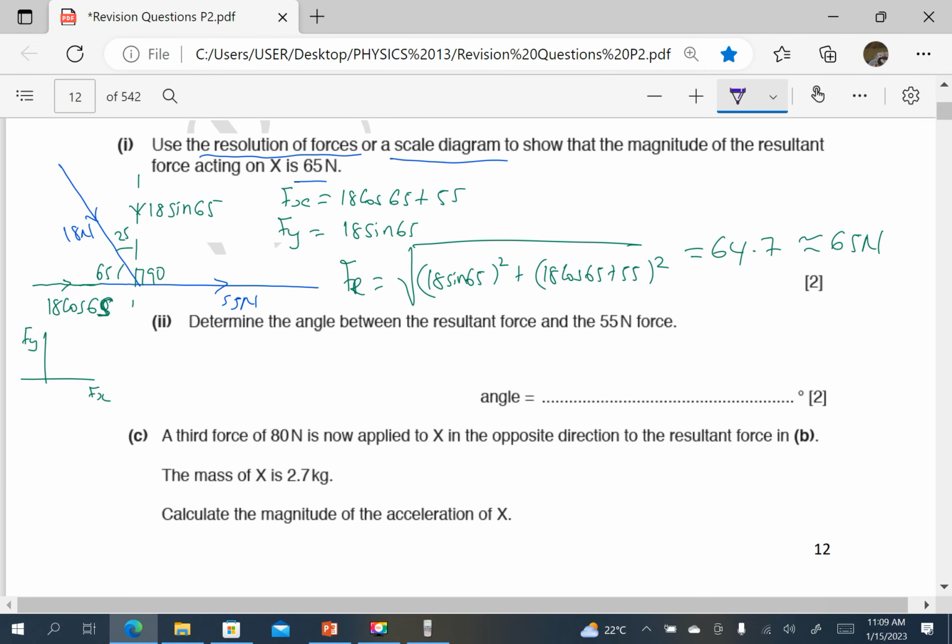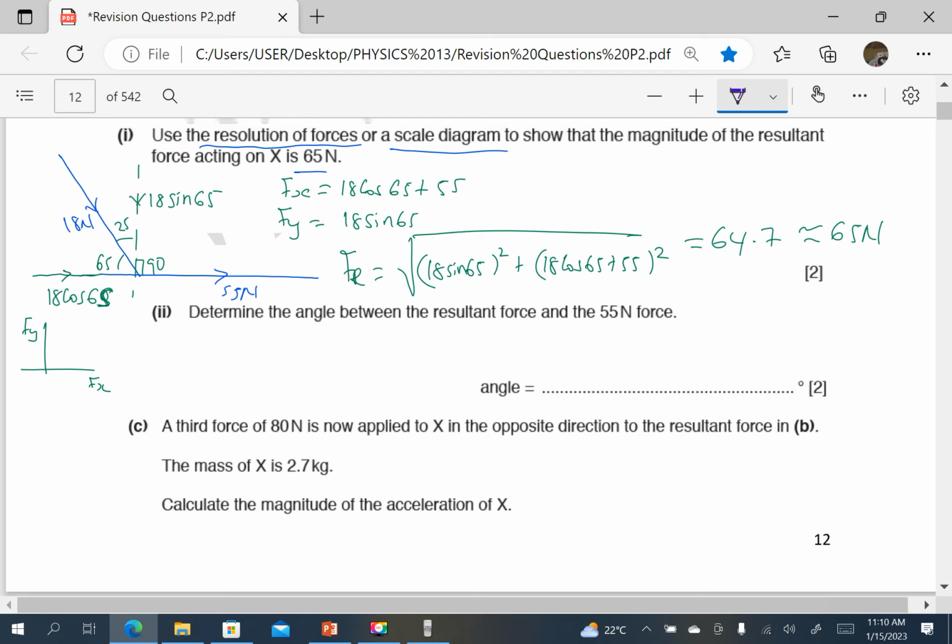Then determine the angle between the resultant force and the 55 newton force. Maybe to draw a sketch here. 55 is in the horizontal. But when you resolve, I noticed that Fy was pointing downwards.